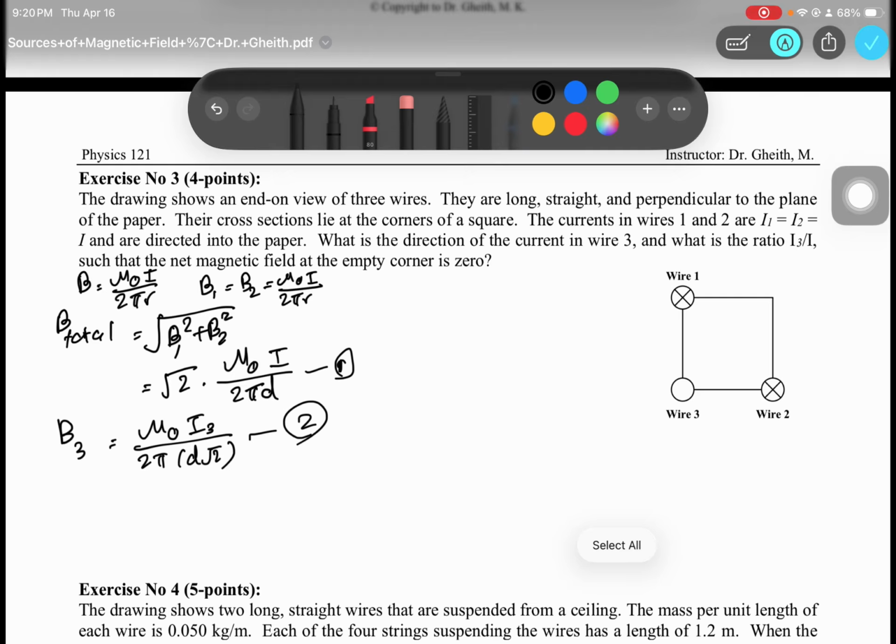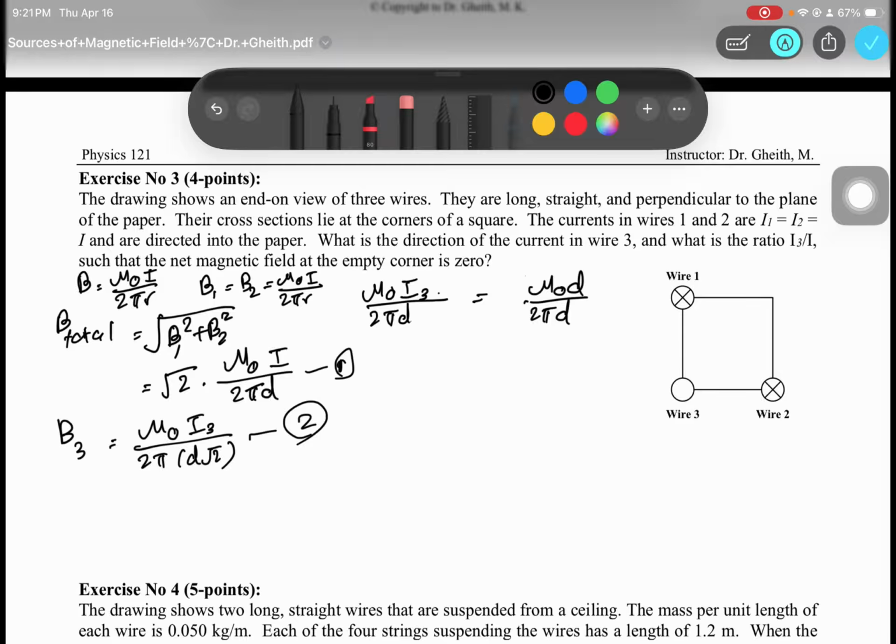mu naught I3 by d root 2 is equal to the square root of mu naught I by d. Okay, and root 2 cancel, no, it's not cancel.